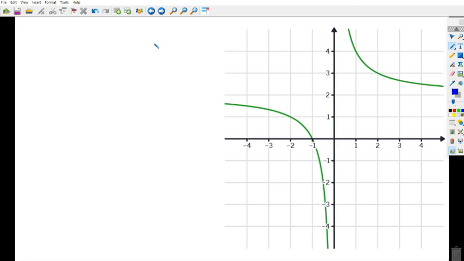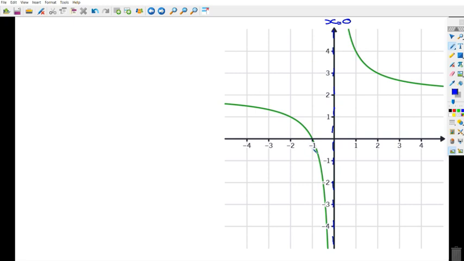So I assume you've done it already. Let's look at this. For a hyperbola, I know I always have how many asymptotes? I've got two asymptotes, a horizontal one and a vertical one. My vertical asymptote is always straight down here, x equals 0. So it's on my y-axis, straight down the middle there, dotted line, x equals 0.